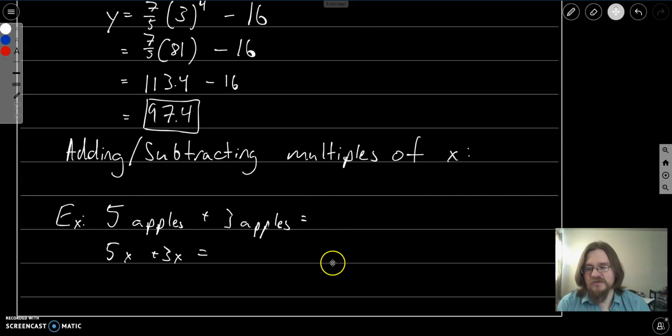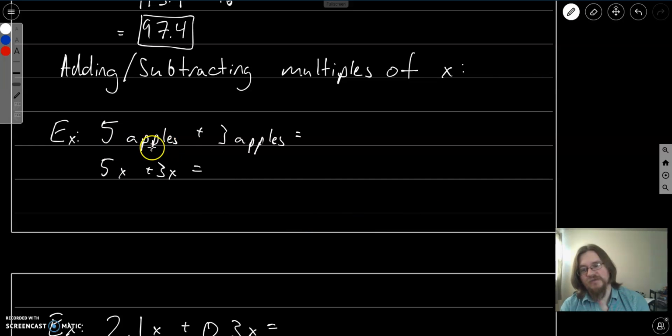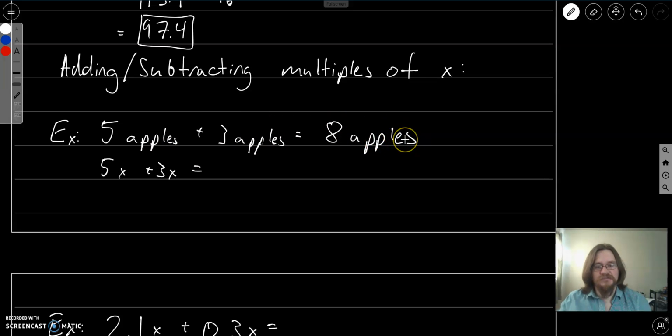So the next thing to do is to look at adding and subtracting multiples of x. And what I'm going to do is I'm going to start with a rather silly example, but I think this will help. If I have 5 apples and I add 3 more apples, I have 8 apples. This is really, really simple. There's not a whole lot to be explaining. However, when we have variables, these work in the same way.